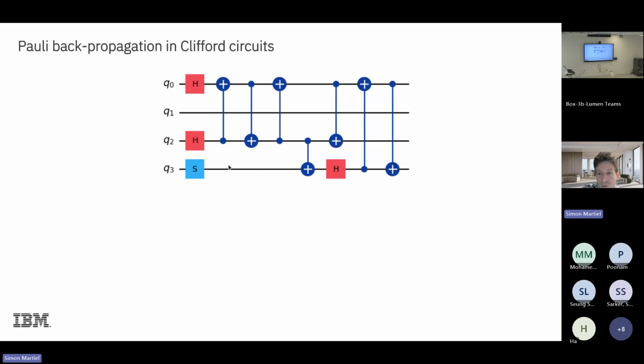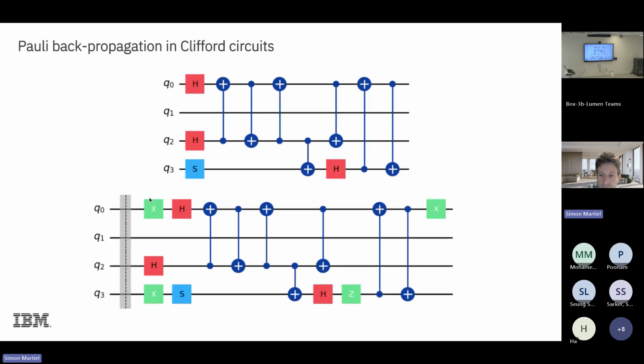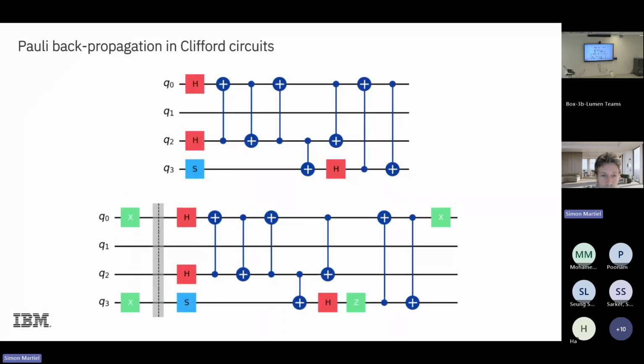So if we start with some random Clifford circuit that looks like this, we can, for instance, add some Paulis inside the circuit. Here I just added 4 Paulis: those 2 X at the beginning, this Z in the middle, and this X at the end. And we can iteratively propagate backward all the Paulis inside the circuit.